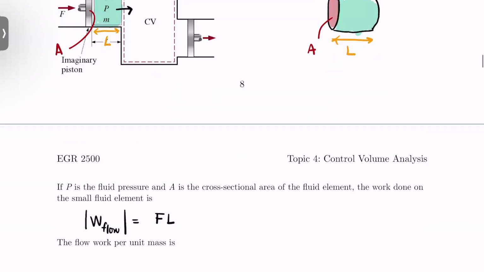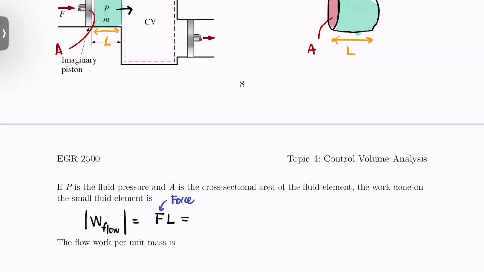Okay, so our flow work is F times L. And this F is a force. Well, we already said that this force that our little fluid piston is doing is due to pressure, right?